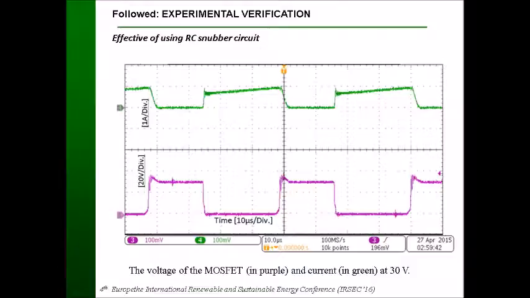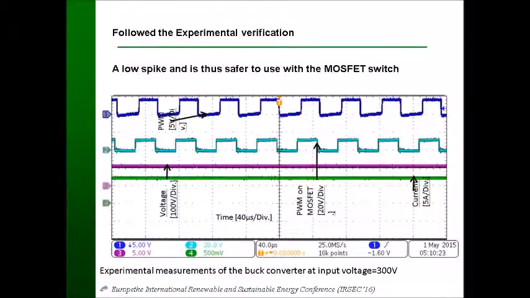So firstly, I designed the buck converter, I designed a snubber circuit, and after that we implemented the control circuit for the buck converter. We were not only satisfied by measuring the voltage and current on the MOSFET, but we also needed to focus on the whole system together.